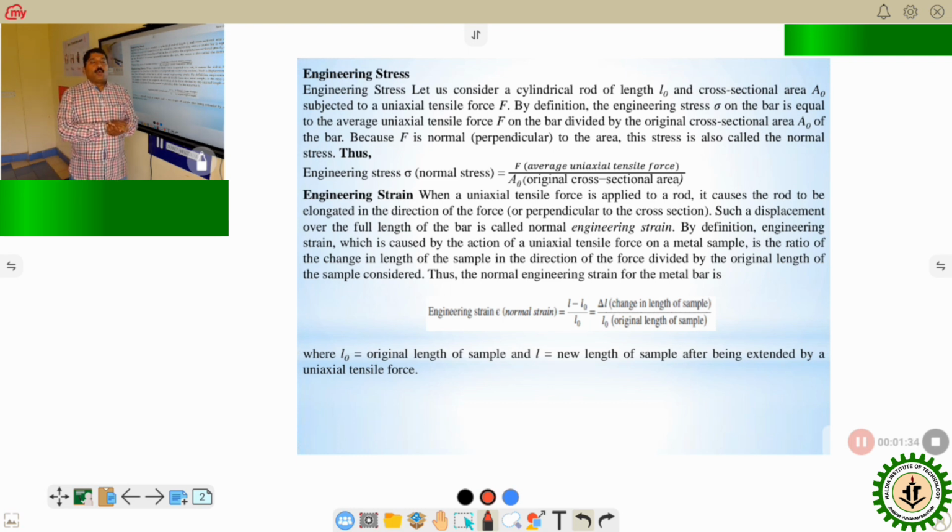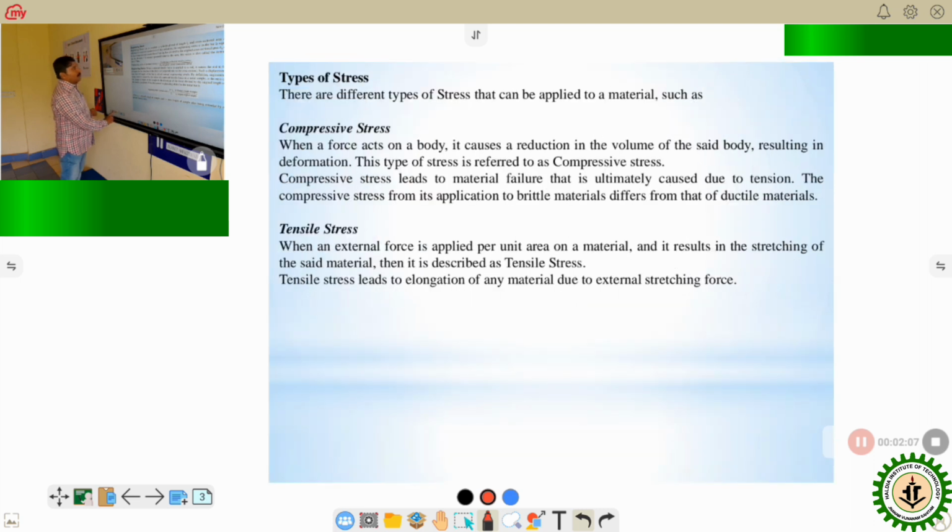We keep the sample for the tensile test measurement, and then we apply load up to the ultimate tension, and we observe the changes in the sample throughout the process. That is mainly the tensile test method, and we get different mechanical properties step by step from this method.